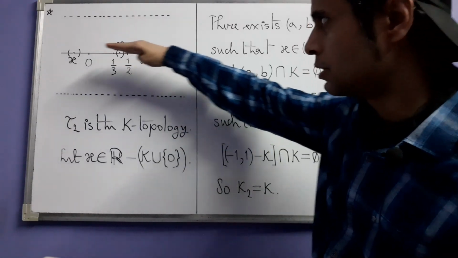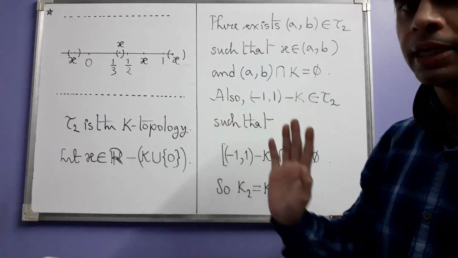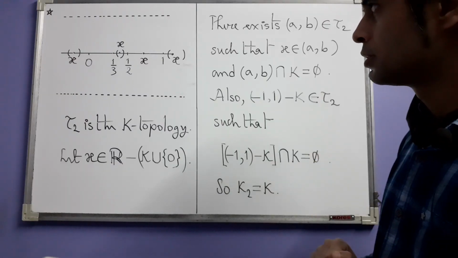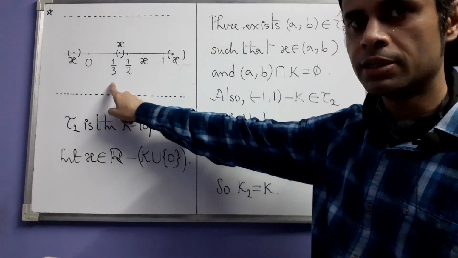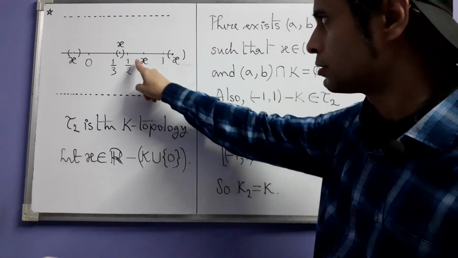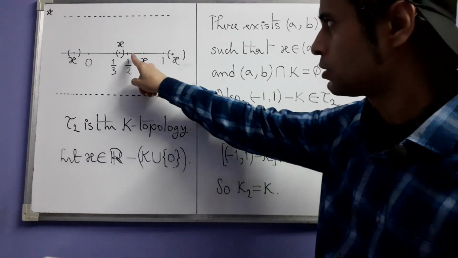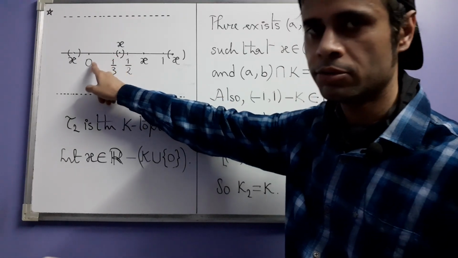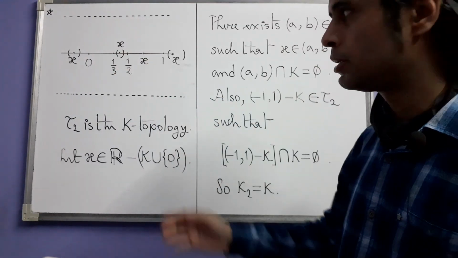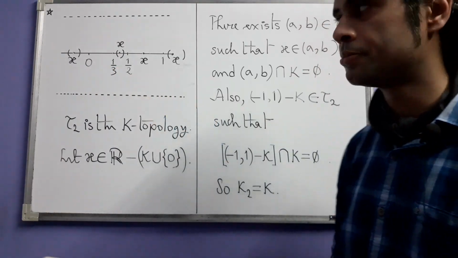So this is our real line which has the K topology tau 2. Now here you can see some points of the set K. They are 1 divided by 1, 1 divided by 2, 1 divided by 3, and like that the points go and try to reach 0 as the denominator increases.